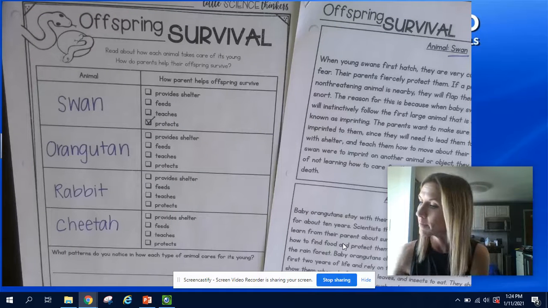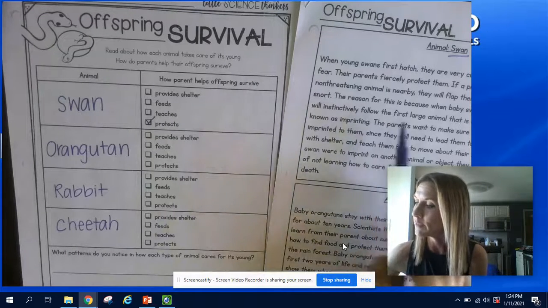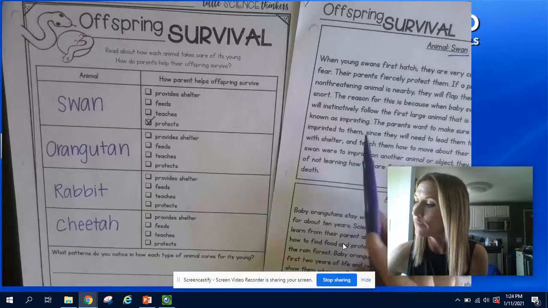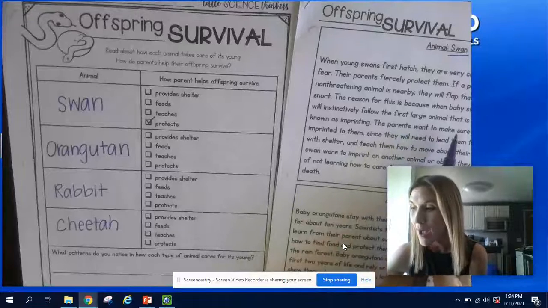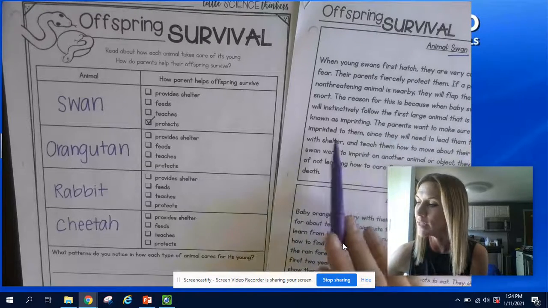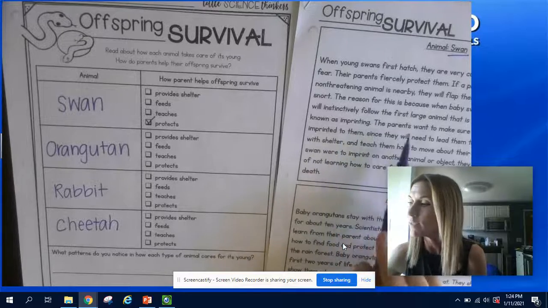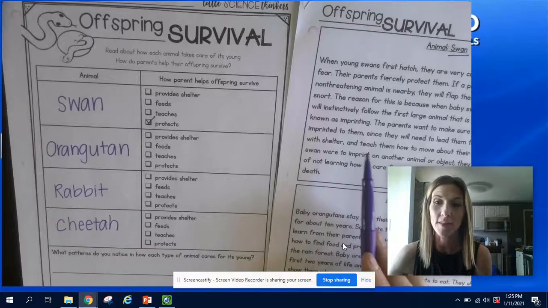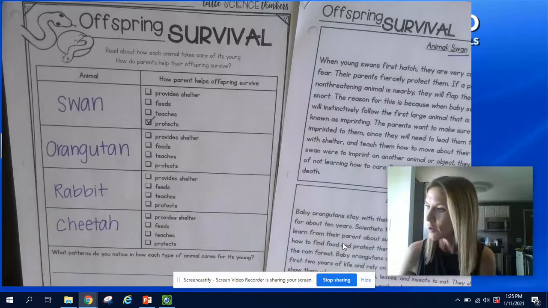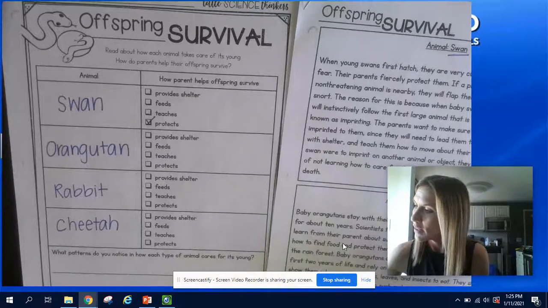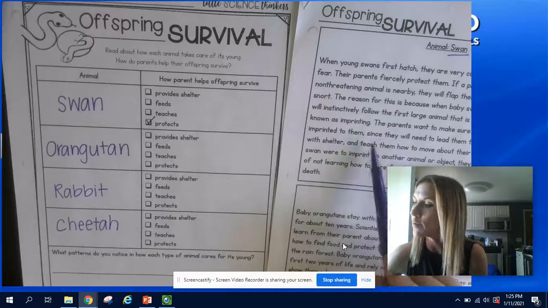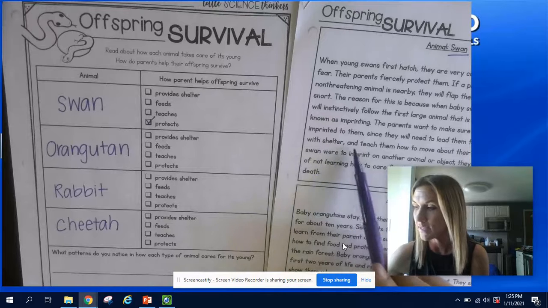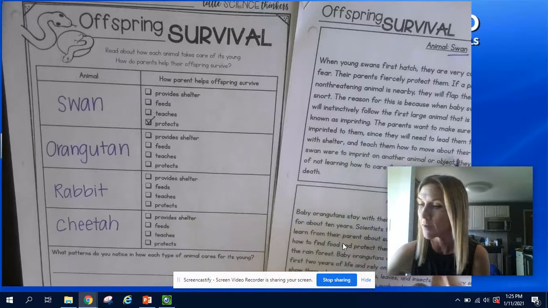Okay, let's keep reading. The reason for this is because when baby swans are first born, they will follow the first large animal that is around them. This is known as imprinting. The parents want to make sure that their babies are imprinted to them. So they want to make sure that their babies follow them, not another large animal. The parents, since they will need to lead them to food, provide them with shelter, and teach them how to move in their habitat.